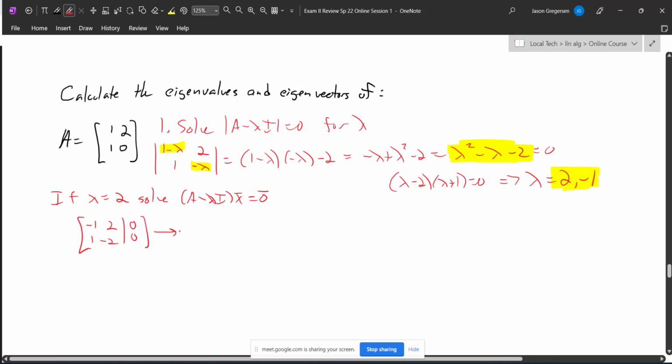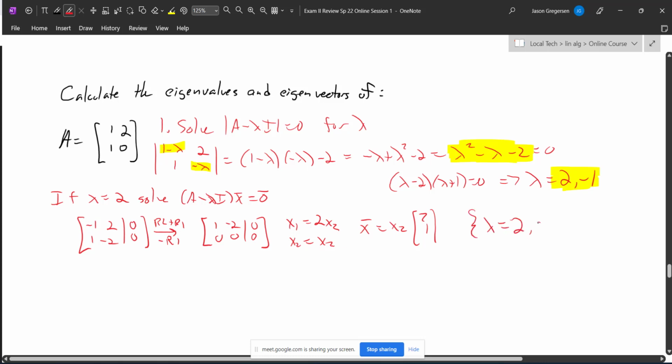In this case, if I take row 2 plus row 1, I'll get a row of all zeros, and then I'll multiply row 1 by -1. And there's my row reduced matrix. From here, I write my solution in parametric vector form, x2 being my free variable, and I get the associated eigenvector 2, 1. So my first eigenpair is lambda equals 2, with the associated eigenvector 2, 1.